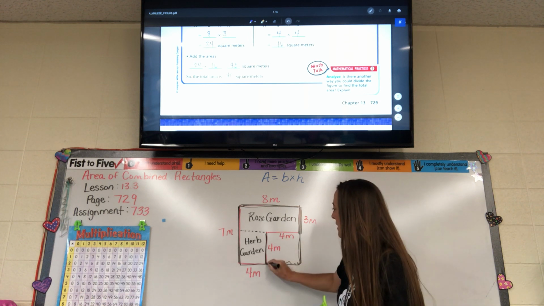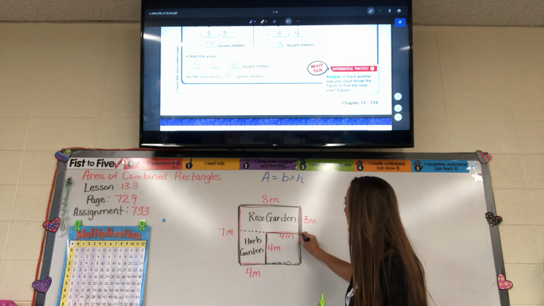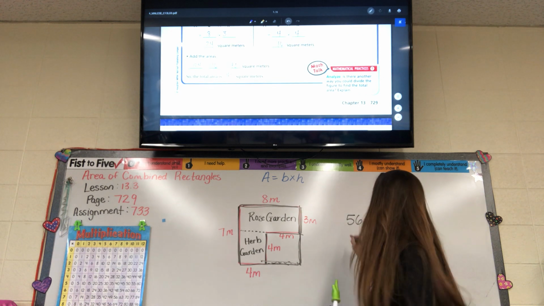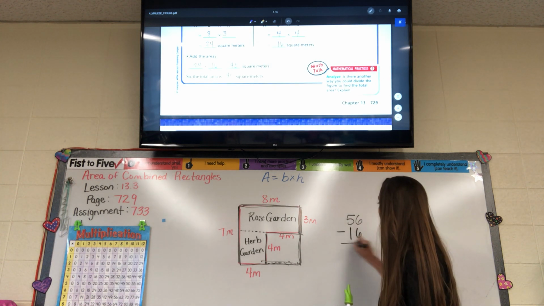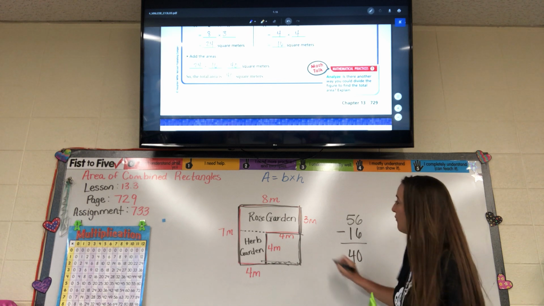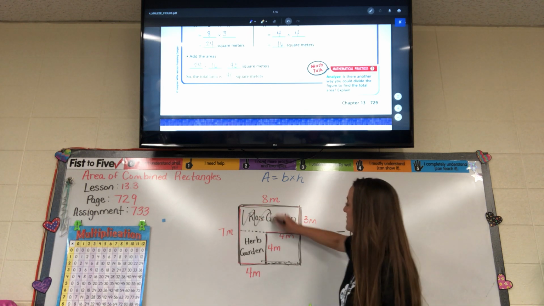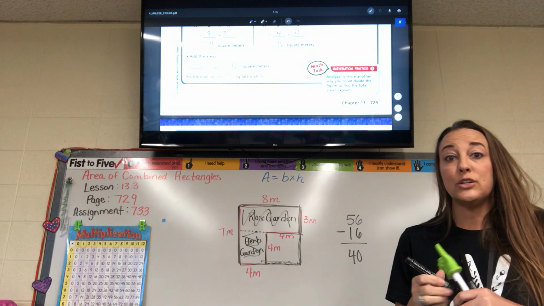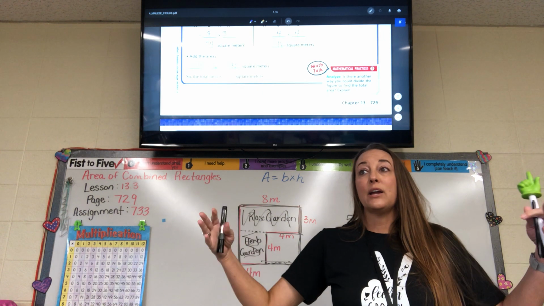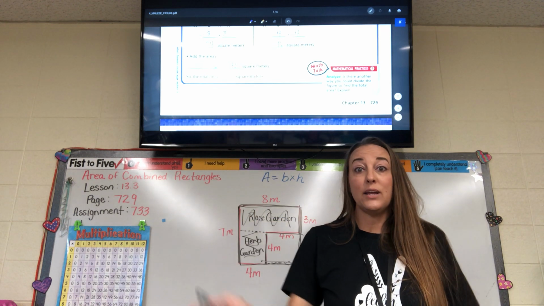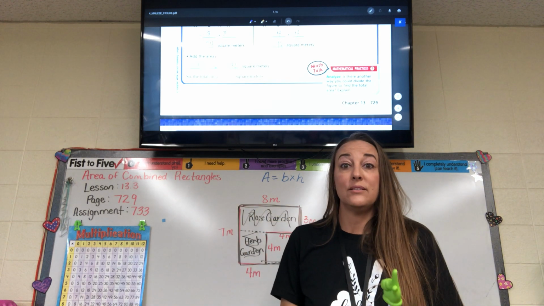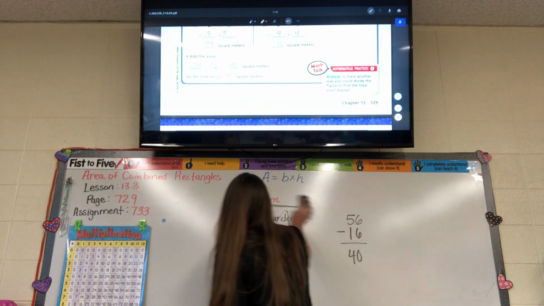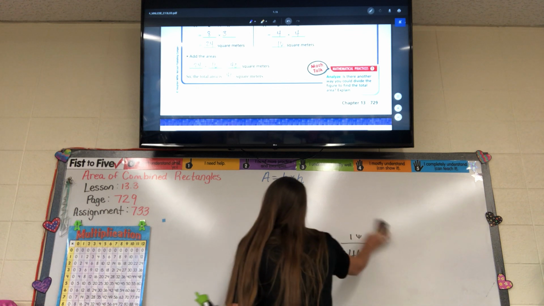And then the base and height of this section are 4 and 4, so 4 times 4 is 16. And then we take away that 16, that would leave us with 40, which is everything else. So that is another way you can do it. You can find the area of the entire thing, including space that's not used for a garden, and then take away what isn't used for the garden.